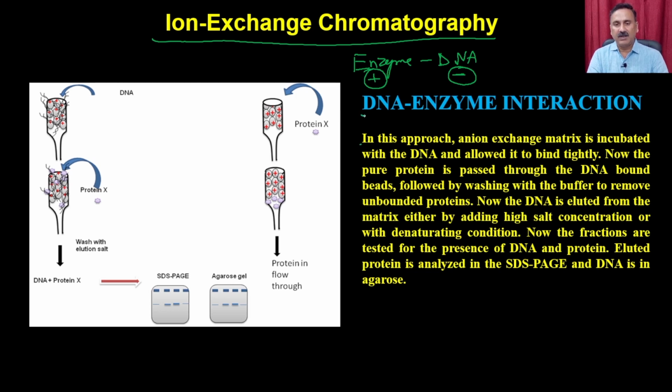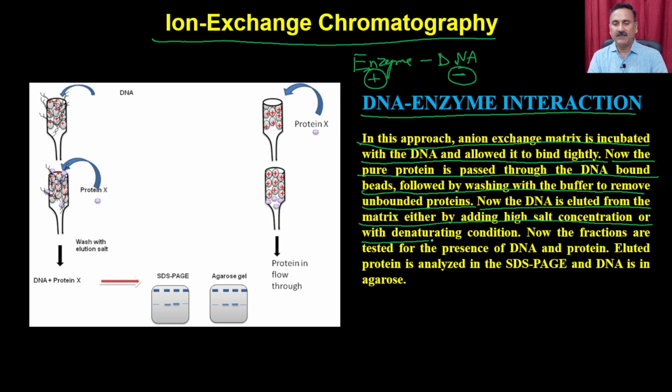In this DNA-enzyme interaction approach, the anion exchange matrix is incubated with the DNA and allowed to bind the DNA tightly. Now the pure protein is passed through the DNA-bound beads, followed by washing with the buffer to remove the unbound protein. Now the DNA is eluted from the matrix either by adding high salt or with denaturing conditions. The fractions are tested for the presence of DNA and protein, and the eluted protein is analyzed in SDS-PAGE and the DNA in agarose.